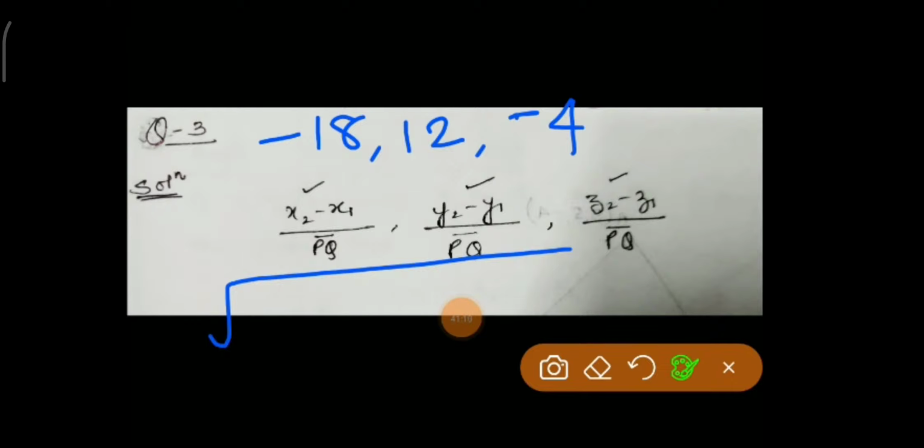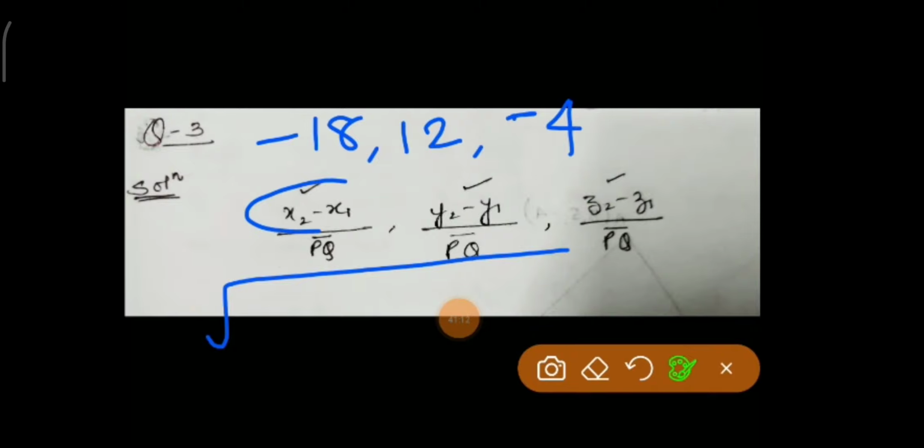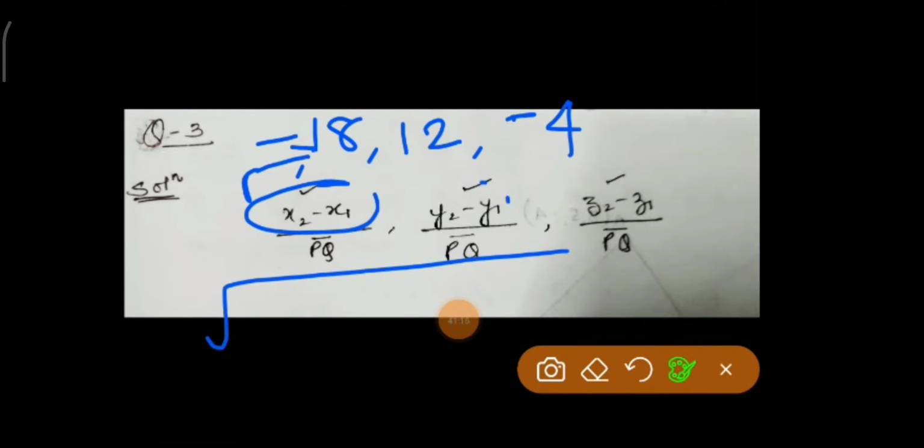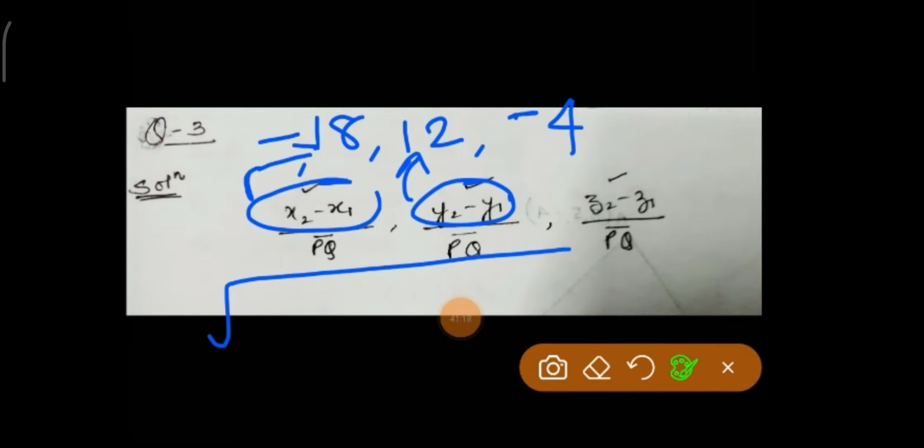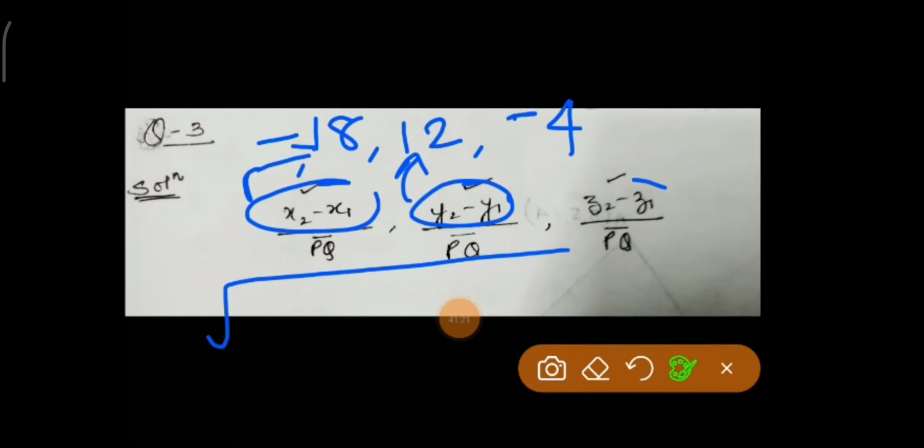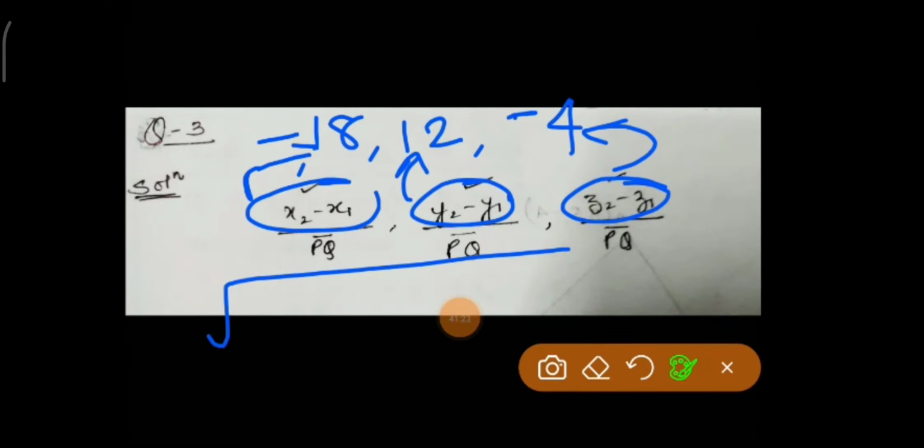And x2 minus x1 is minus 18, y2 minus y1 is 12, z2 minus z1 is minus 4, which are already given.